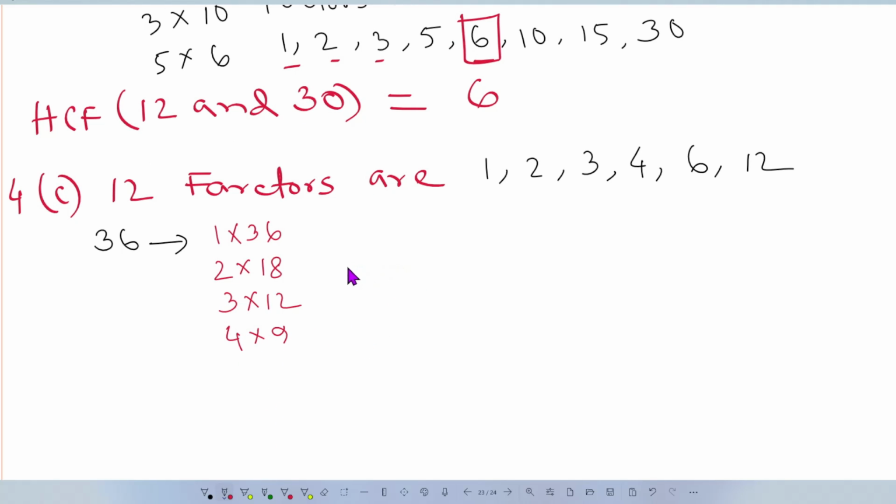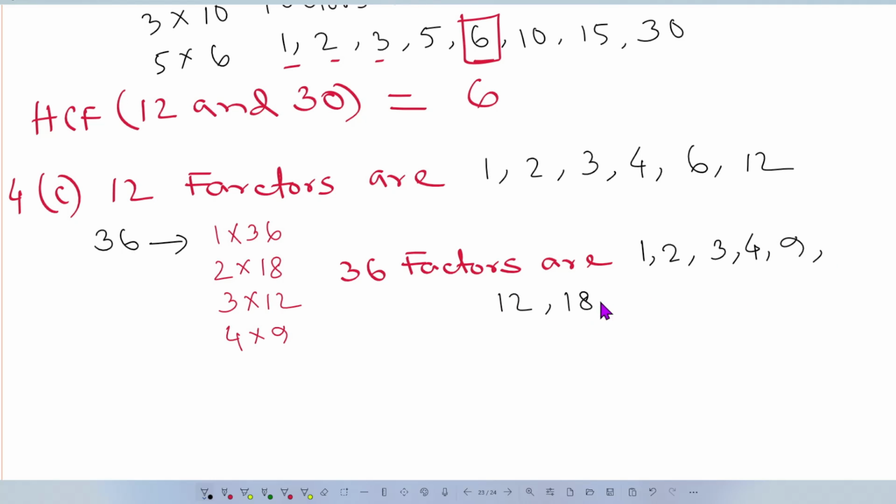So we can write 36 factors are 1, 2, 3, 4, 9, then 12, 18, 36. So what is the highest one? Look, here the common ones are 1, 2, 3, 4 also.